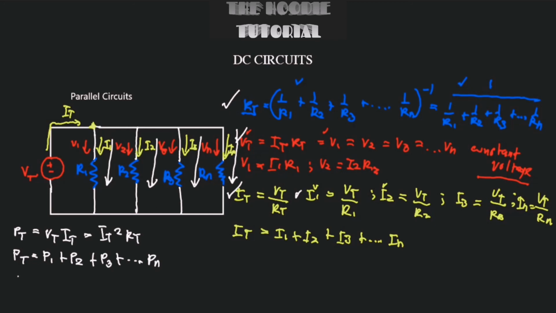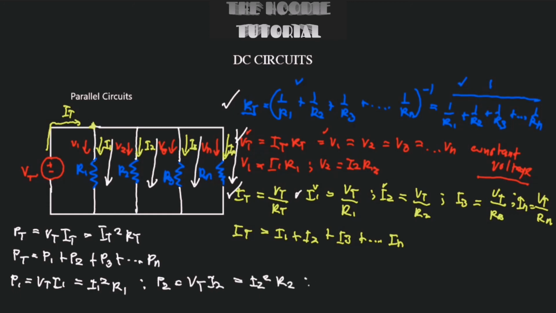So how about finding the power 1? Using this formula, we can use V1, and since V1 and V2 or VT are equal, we can also use VT. Let's multiply this by I1 if you already know the value of I1, or we can use this formula, I1 squared multiplied by R1, of course. And then finding P2, the same also, we can use V2 or VT since they are equal, multiplied by I2, or we can use I2 squared multiplied by R2.